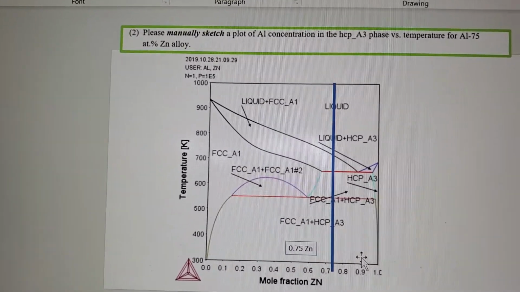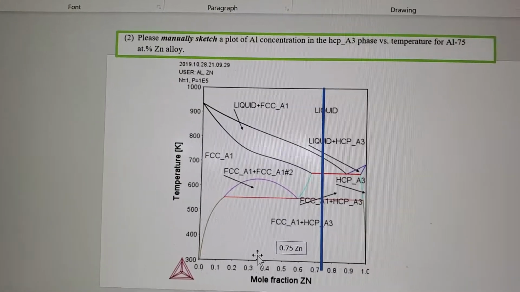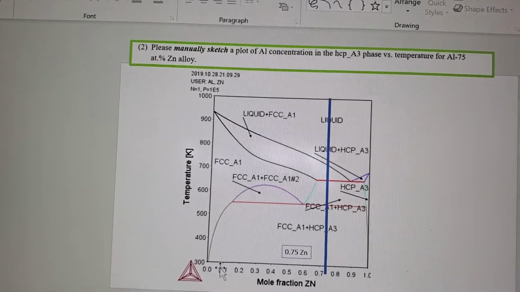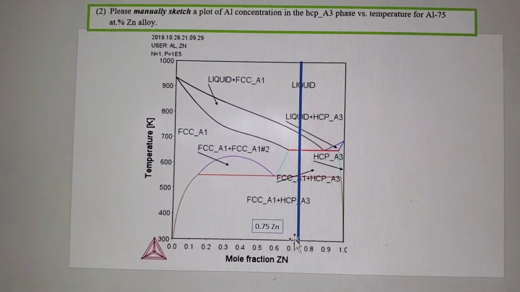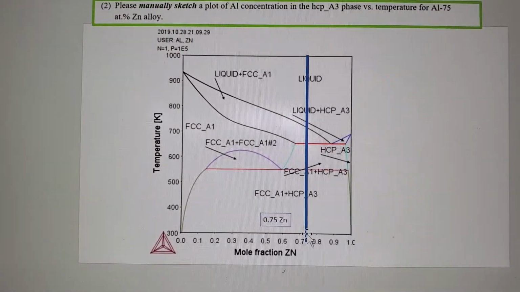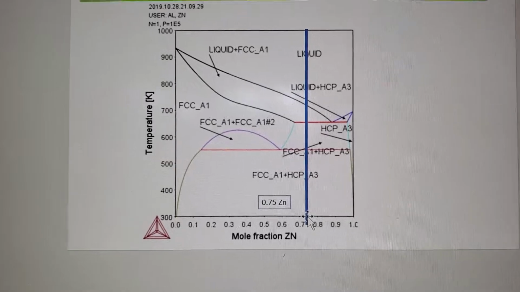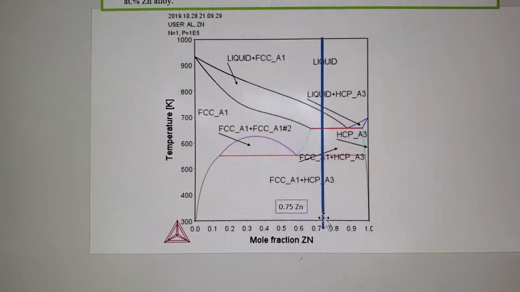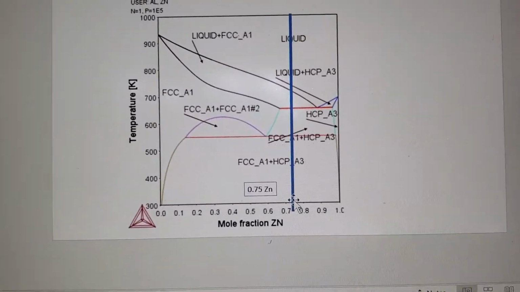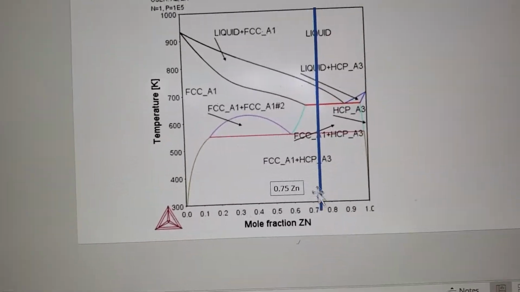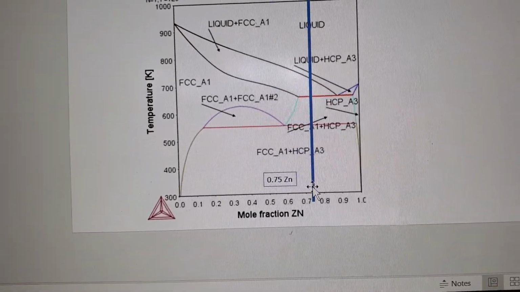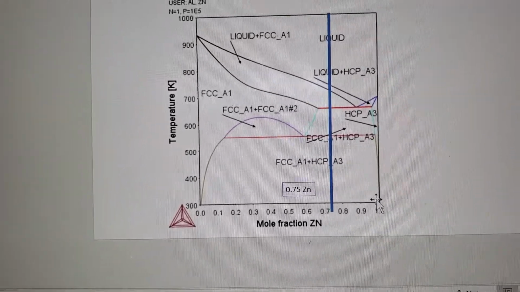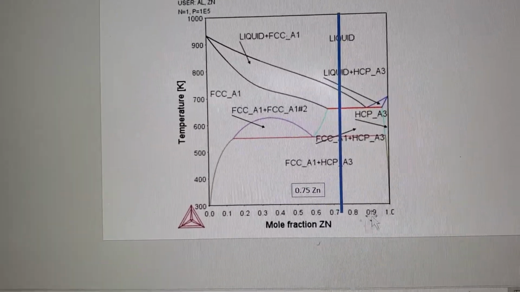So for this, we'll first note the first temperature, which is at 300 Kelvin, and temperature is in Kelvin. So at 300 Kelvin, if you look at this 0.75 zinc mark, in order to look at the Al concentration of HCP-A3, we're going to look at the zinc concentration and then subtract 1 minus zinc to get the aluminum. So to get the HCP-A3 concentration, you bring your attention to the right side because that's where HCP-A3 is.